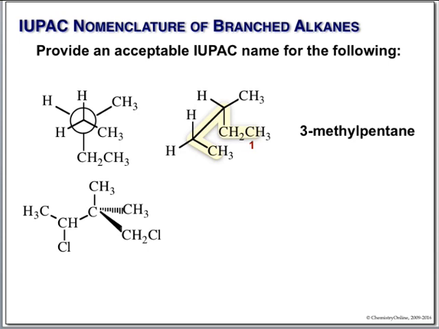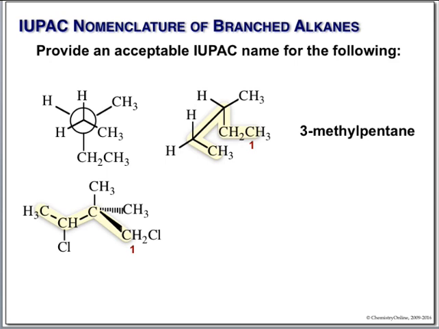We still have 2 methyls attached, so it's a dimethyl dichloro. Chloro will come first. And where are we going to make our carbon number 1? Originally I put it up here, but if we made this carbon 1, then we would have a 1-chloro. That's our lowest number.